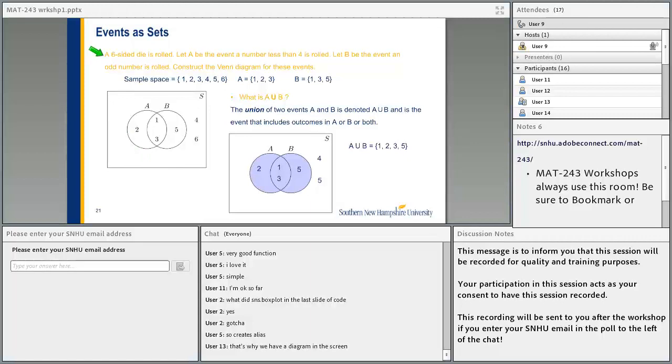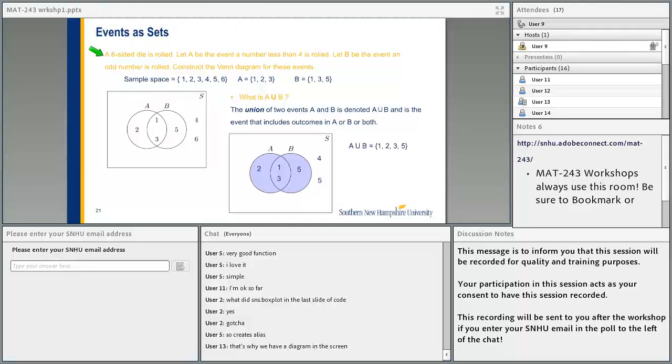Events as sets. A six-sided die is rolled. Let A be the event: a number less than 4 is rolled. Let B be the event: an odd number is rolled. Construct the Venn diagram for these events. So a Venn diagram consists of a box as shown here, a rectangular box, and then you'll have 2 or 3, you can have more than that, many circles.